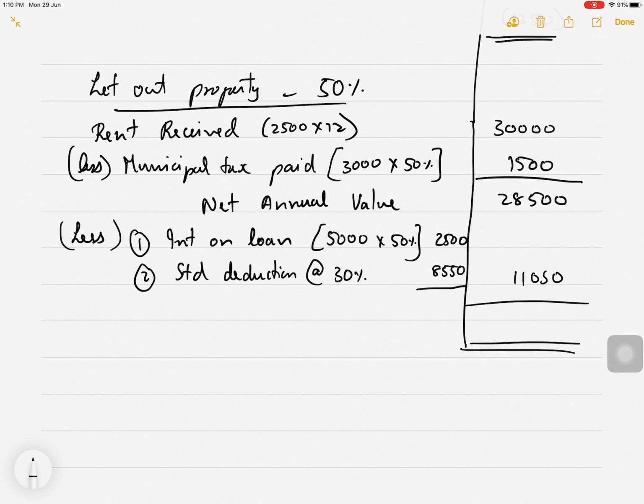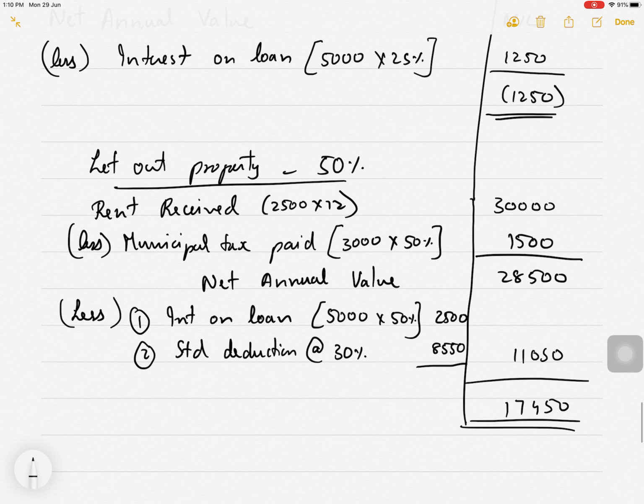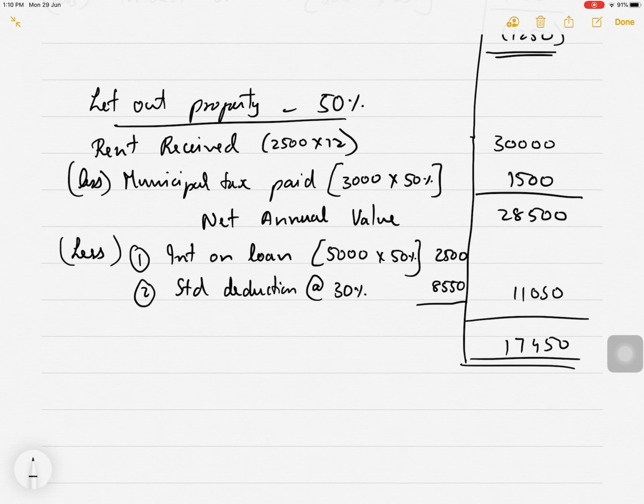Now 28,500 minus 11,050 comes to 17,450.